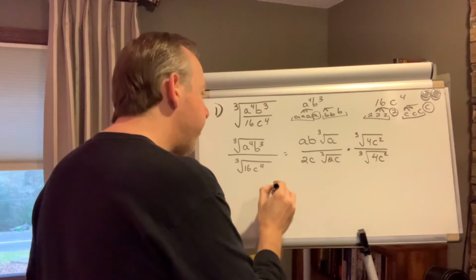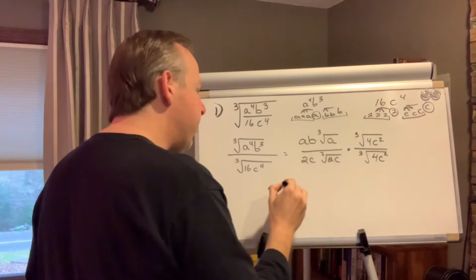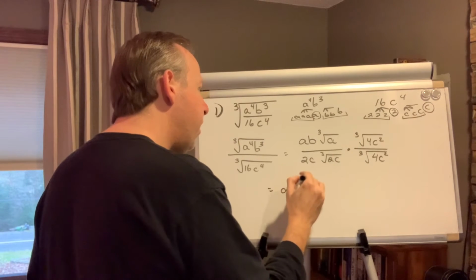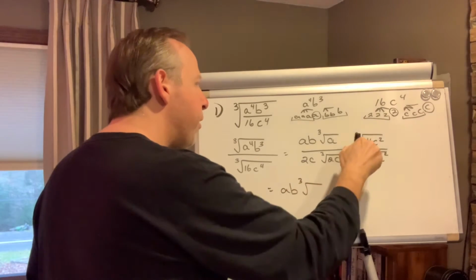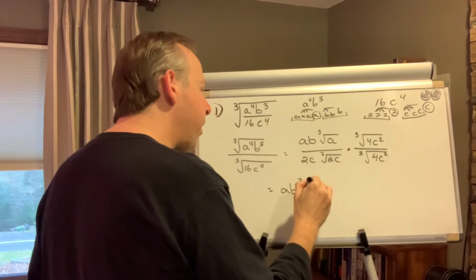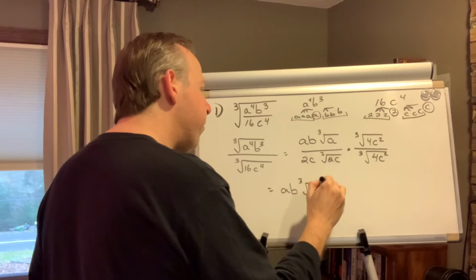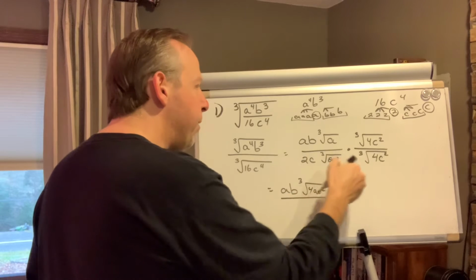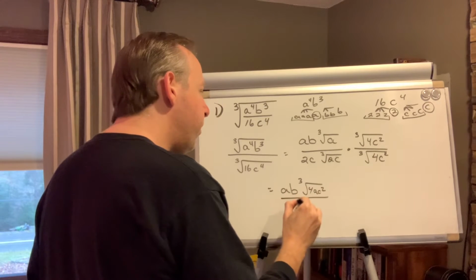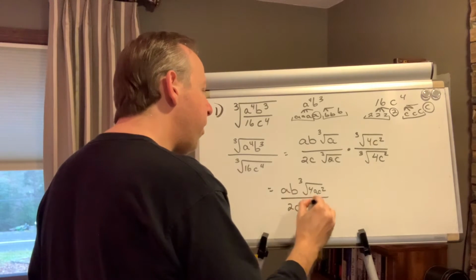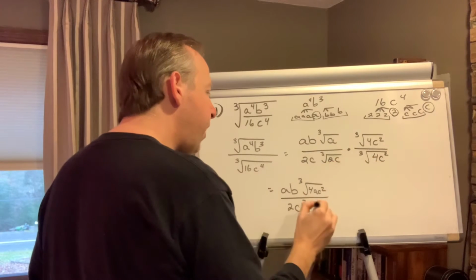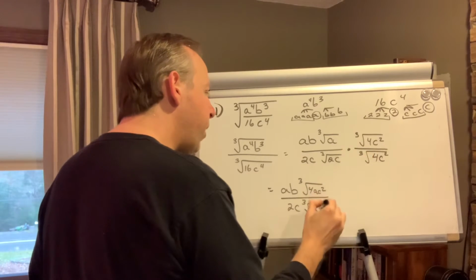What do you get? Well, the numerator, it's a, b, third root of 4c squared with an a as well, so it's 4ac squared. Down here, it's 2c, third root of 2 times 4 is 8, c times c squared is c to the third.